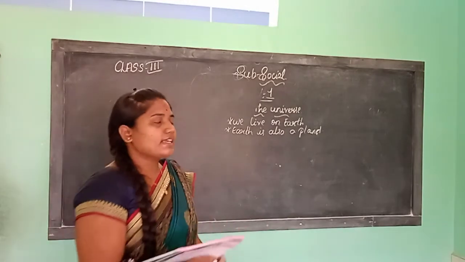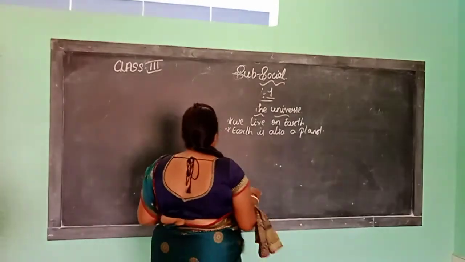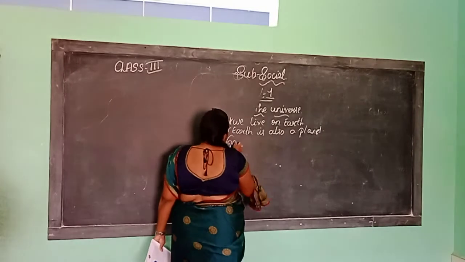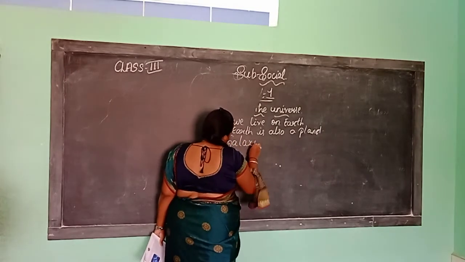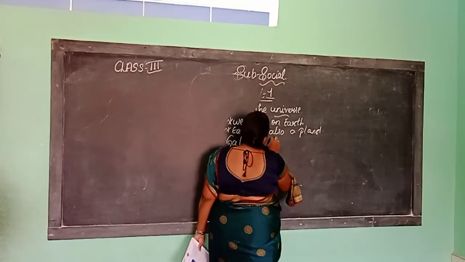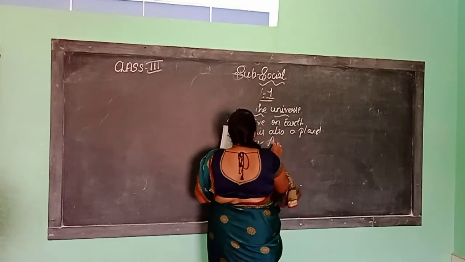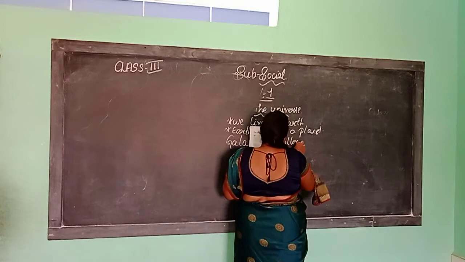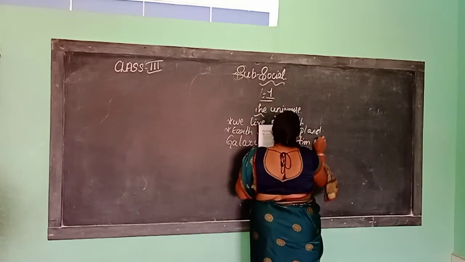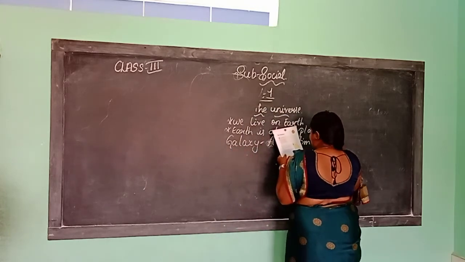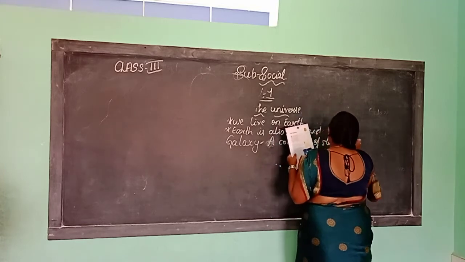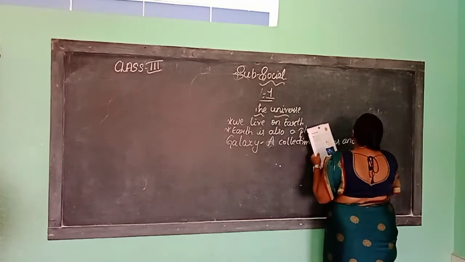So what is galaxy? We learned today what is galaxy. A collection of stars and planets. Not only stars but also planets.